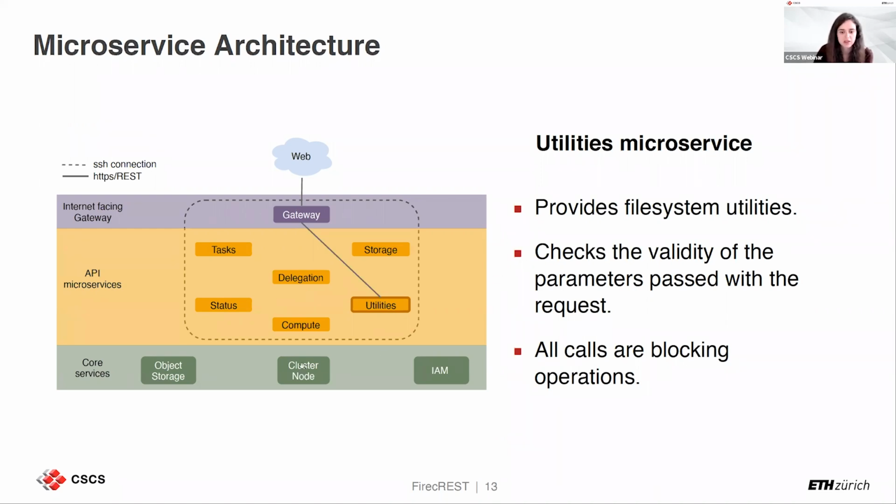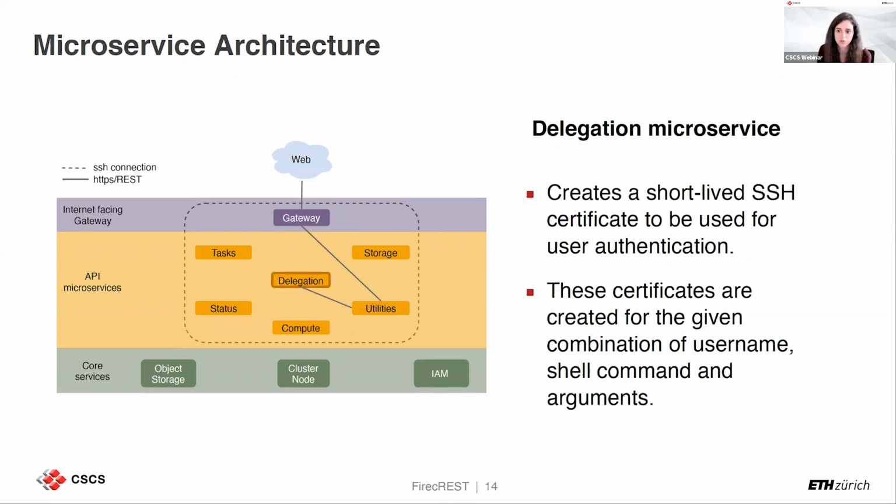execute the command in the cluster node, it will need an SSH certificate that it will get from the delegation microservice. The delegation microservice is a very important microservice in FirecREST. It should be isolated and as protected as possible, because this is how FirecREST is operating on behalf of the user, with these short-lived SSH certificates.